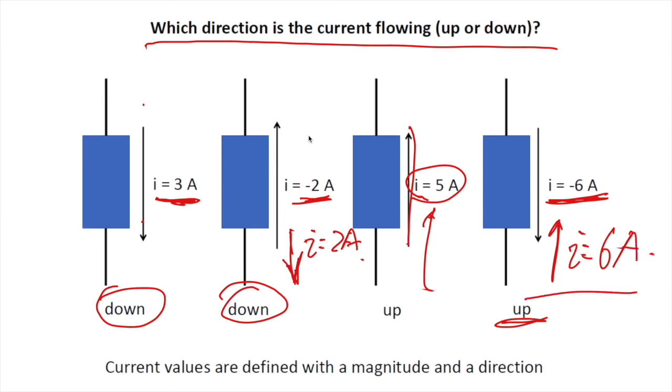So the actual current is from down to up. So the current values are defined with a magnitude and a direction. So when we talk about the current, we not only talk about its magnitude, we also talk about its direction.